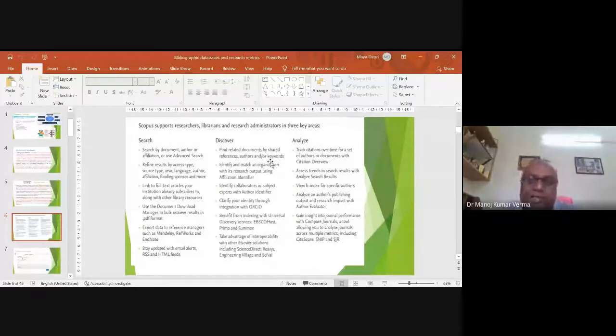On the basis of our discovery, we can analyze different types of data, especially when we are studying scientometrics, bibliometrics, H index, collaboration patterns. On the basis of the data we discovered from the Scopus database, we can analyze who are the best researchers in a particular topic, and what the collaboration pattern is in a particular area of research.